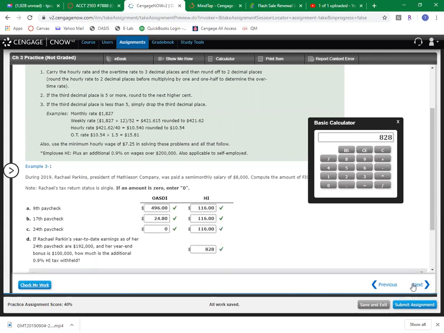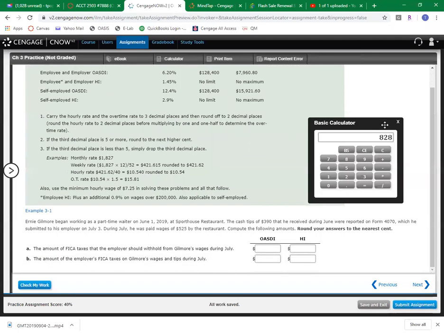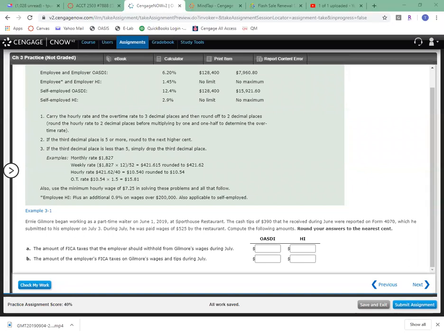Well, we can check that one and move on to a different example. This one I wanted to cover because it deals with a tipped employee. As we know from Chapter 2, tips are taxable wages. So it is important that any employee receiving more than $20 in monthly tips must report those tips as taxable income.